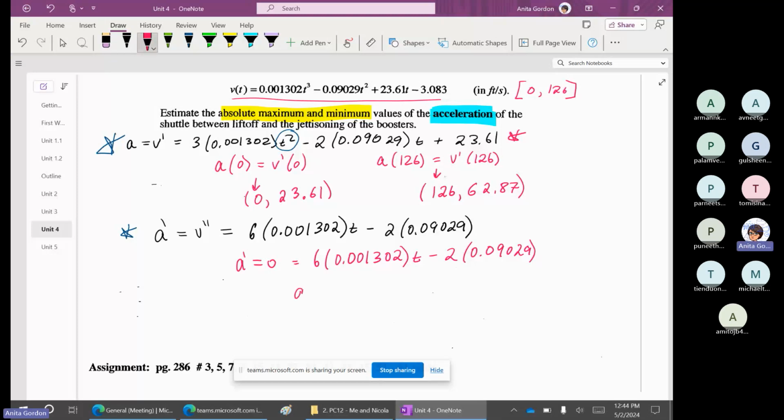Okay, so A prime equals 0 when t equals, you tell me, round it off to 2 decimals.